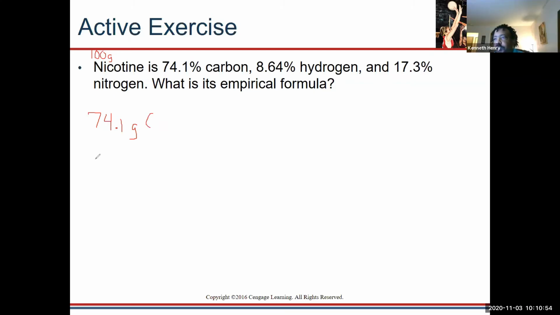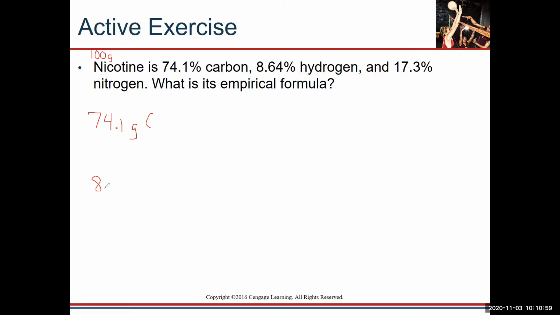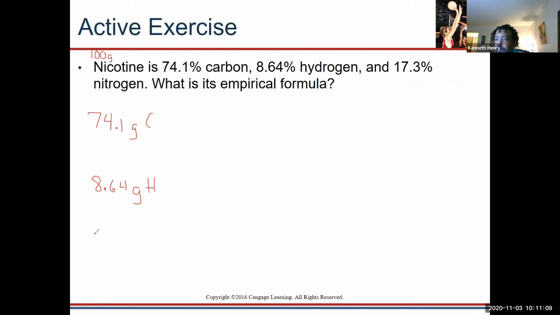How much of it would be hydrogen? 8.64 grams. How much would be nitrogen? 17.3.